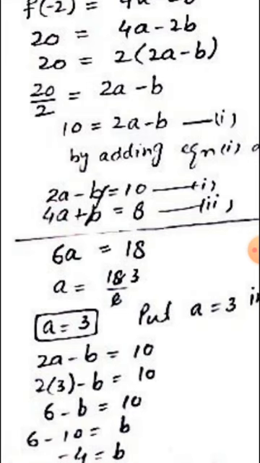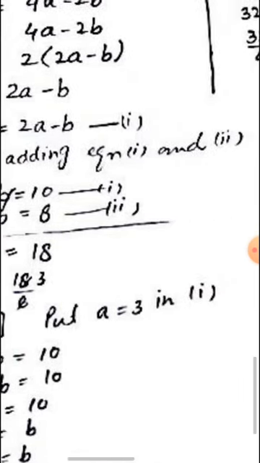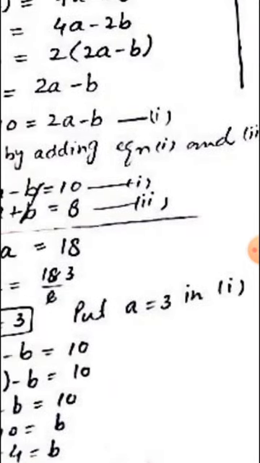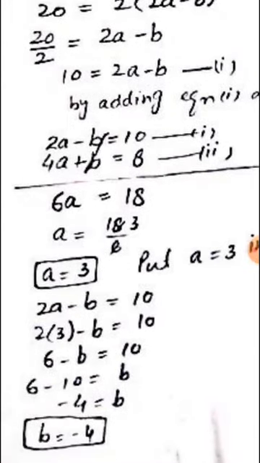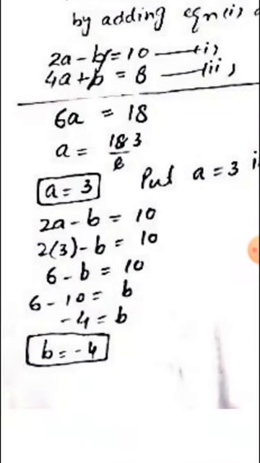Put this a value of 3 in any equation. We will put it in equation 1; you can also put the a value in equation 2, it depends upon you. Put a is equal to 3 in equation 1. So equation 1 is 2a minus b is equal to 10. 2 into 3 is 6, minus b is equal to 10. 6 minus b is equal to 10, and 6 minus 10 is equal to b.